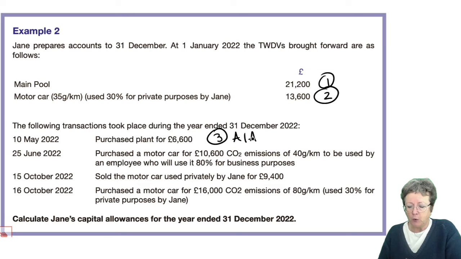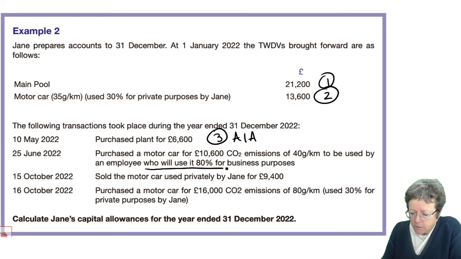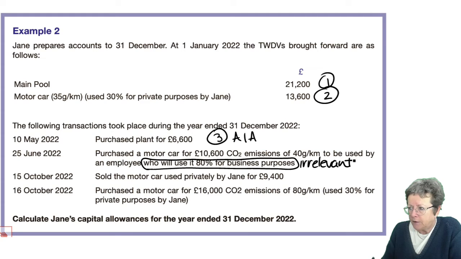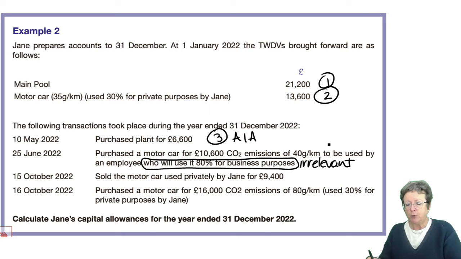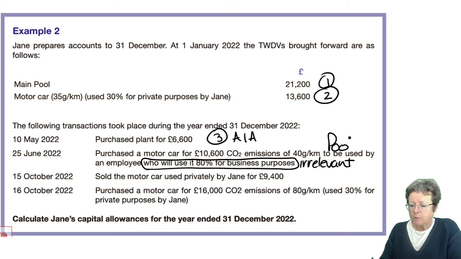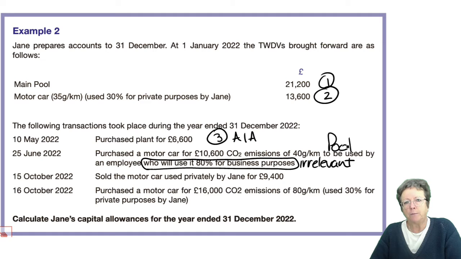Then she bought a car to be used by an employee. That goes in the pool because, it doesn't matter what private use the individual does, you're trying to work out Jane's business use of assets.